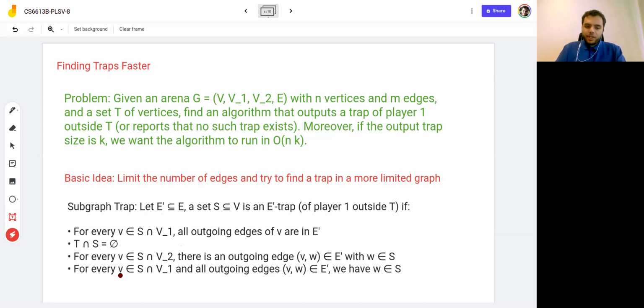And if we have a vertex V that is in S and belongs to player 1, we want player 1 to be trapped inside the set S. So we want all of its outgoing edges to be inside of S. And this one combined with the earlier requirement says that the outgoing edges are the same no matter if you look at E prime or E. Okay. So this is the definition of a subgraph trap.